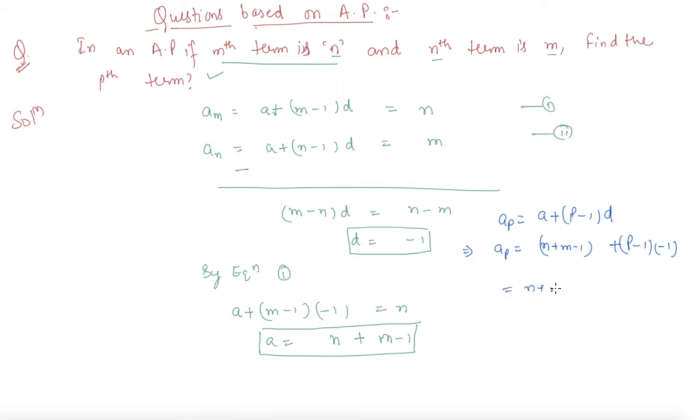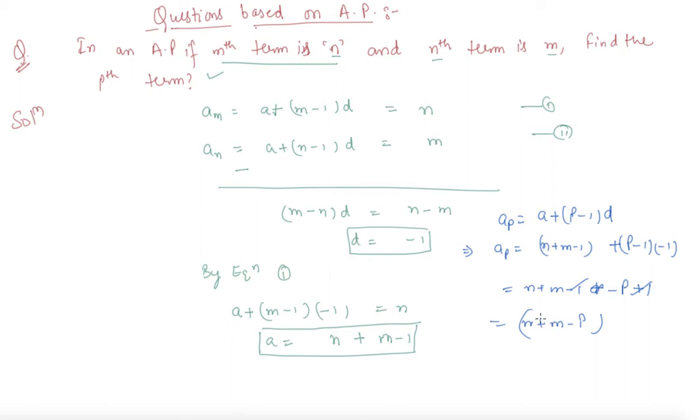After solving this, we are left with minus p plus 1. So the 1 gets cancelled out. So the value of the pth term is m plus n minus p. So this is the pth term, students.